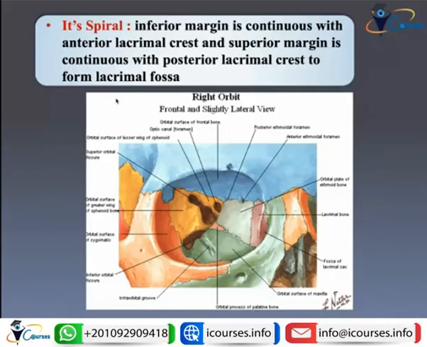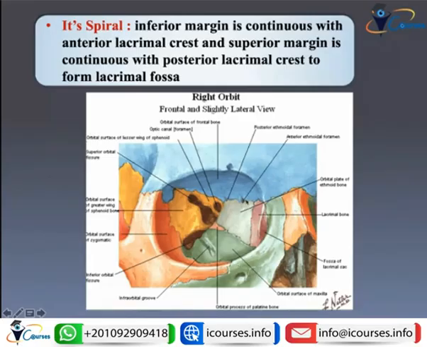Okay, so we will continue. The wall or the rim of the orbital margin is spiral, meaning that it is made of the frontal bone, the zygomatic bone, and the green one, the maxillary bone.